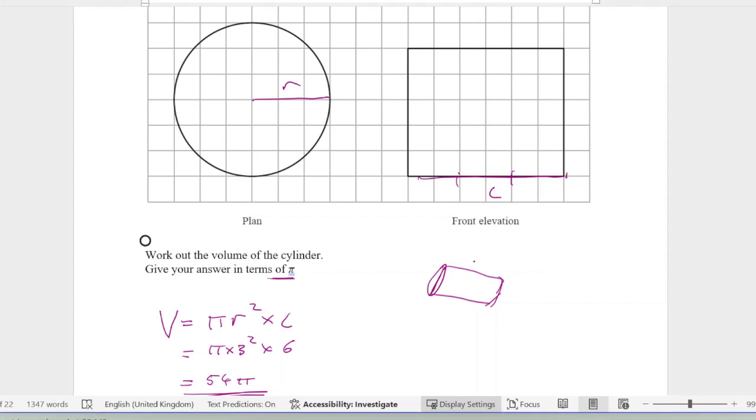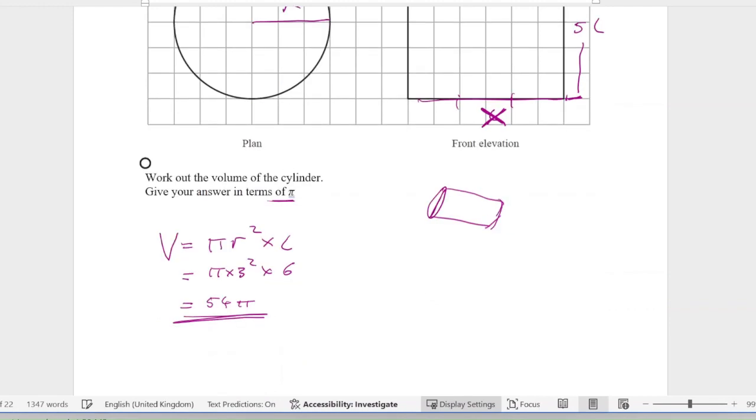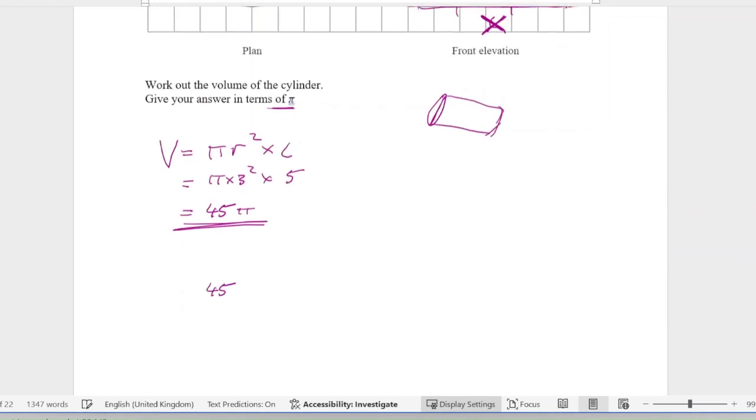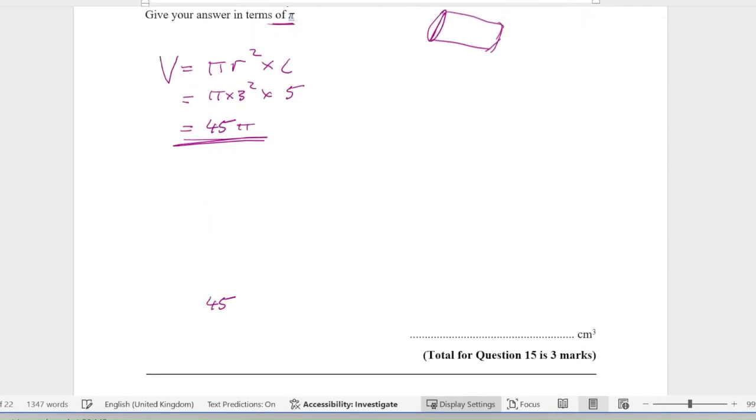That's the 6 centimetres. So my actual length here should have been 5. So I should have times by 5 here, not by 6. And have we got a unit? We have, so it's 45 pi.